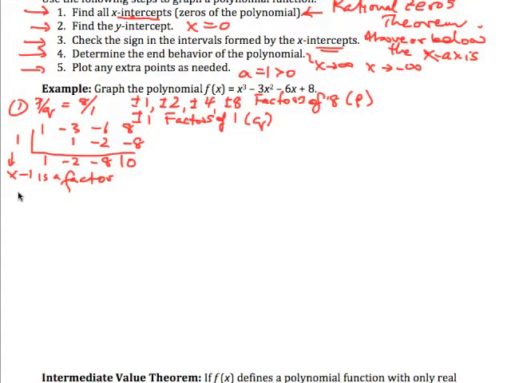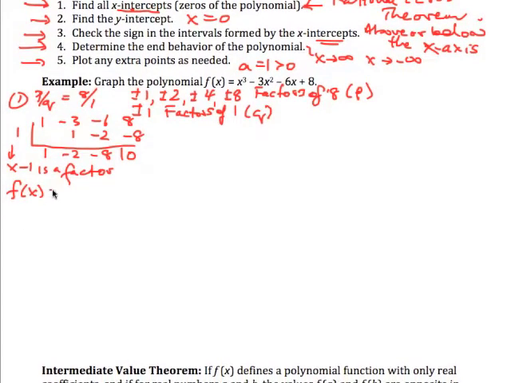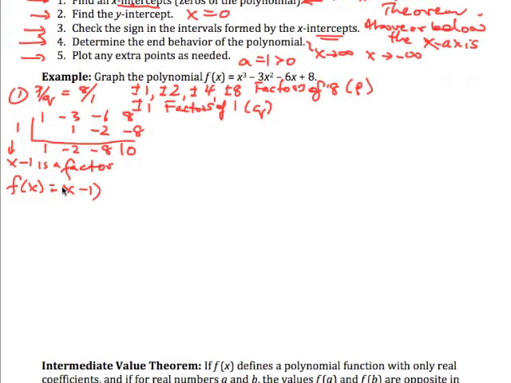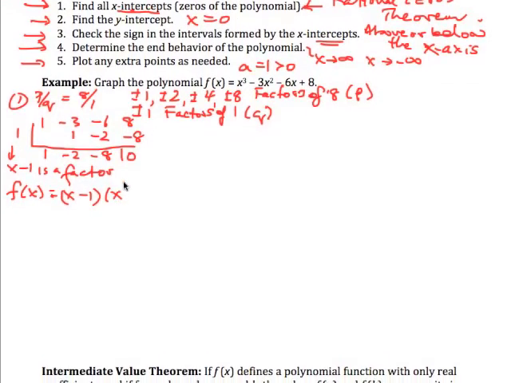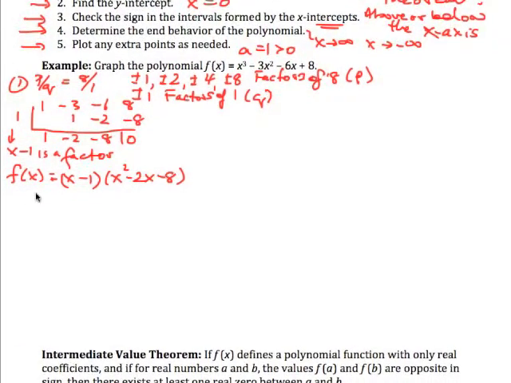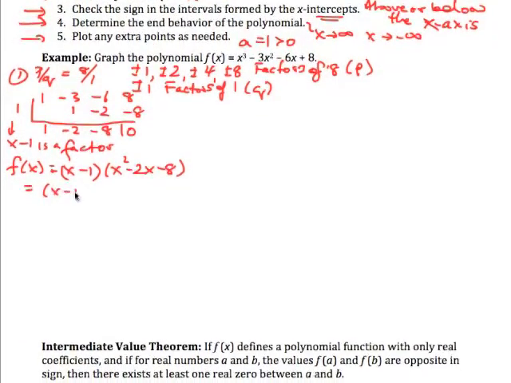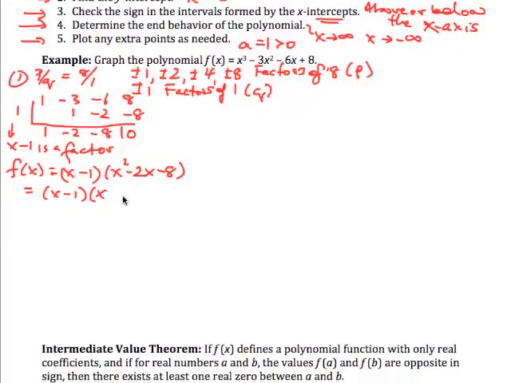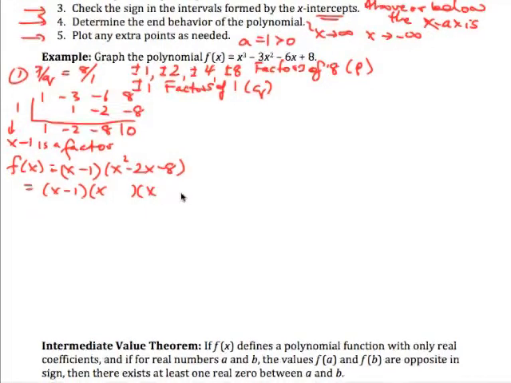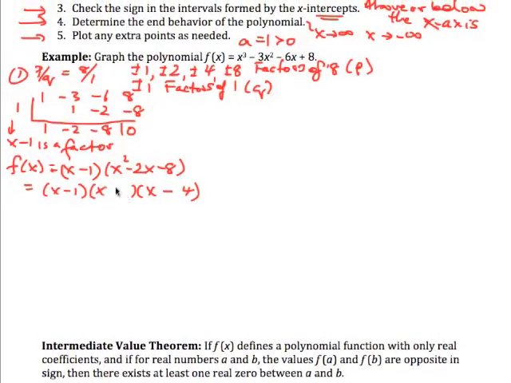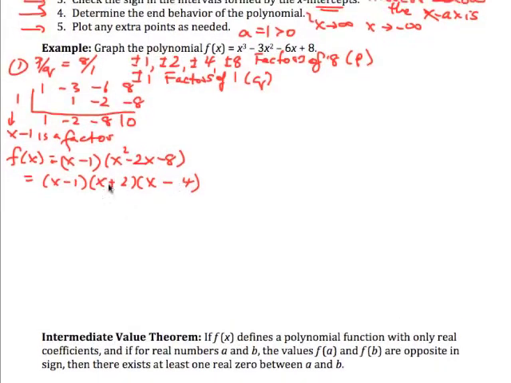Our function can be written as f of x equals x minus 1 by this quadratic, which is x squared minus 2x minus 8. Now let's see if we can factor that some more. Factors of negative 8 that add up to negative 2 look like a 2 and a 4, probably a negative 4 and a positive 2, and that works.